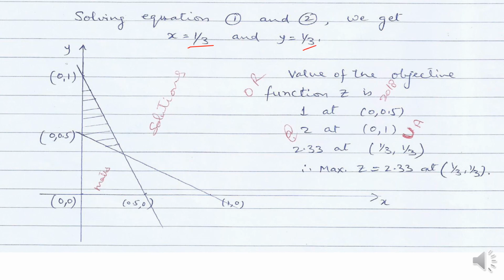Now we plot these points. From the first constraint we have the points 0, 0.5 and 1, 0, and this is greater than or equal to, so we will have this area. The second constraint gives us the points 0, 1 and 0.5, 0, so we will have this area.